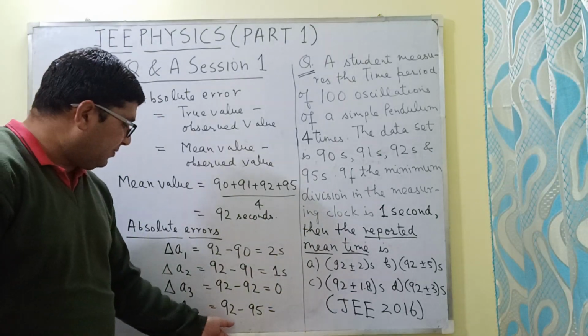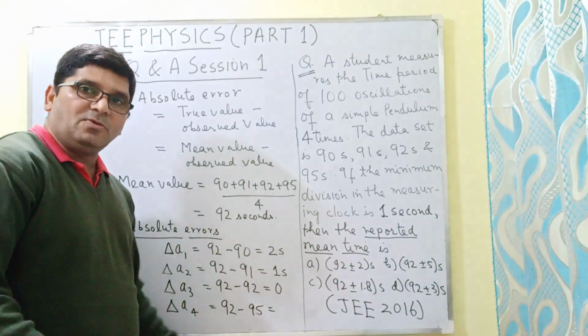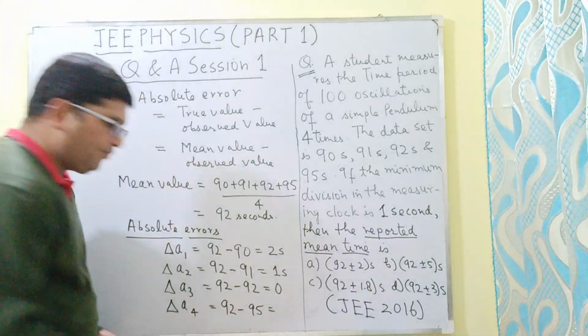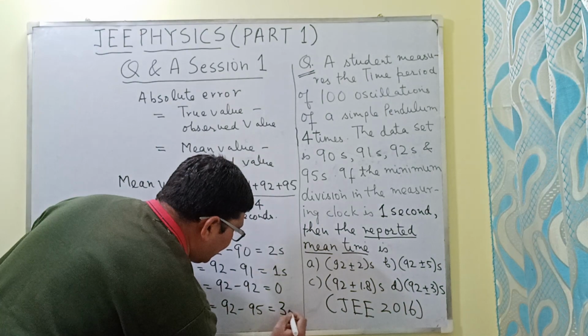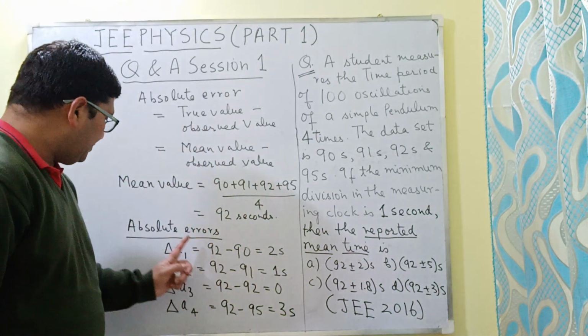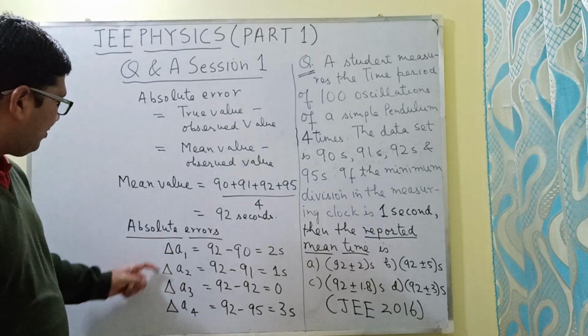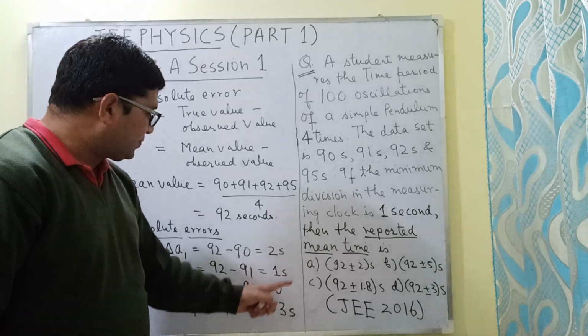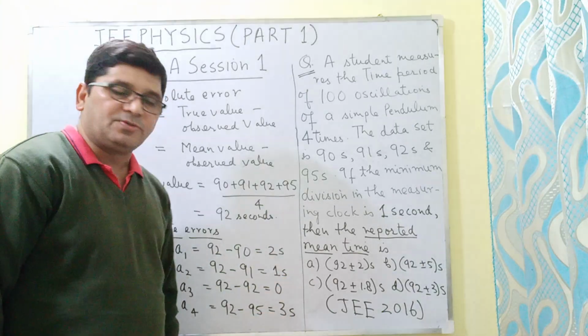So here the deviation is 3 seconds. We don't have to consider the negative sign. We will simply take the deviation, which is equal to 3 seconds. So we have now calculated the absolute error of each and every measurement: 2 seconds, 1 second, 0 seconds and 3 seconds.